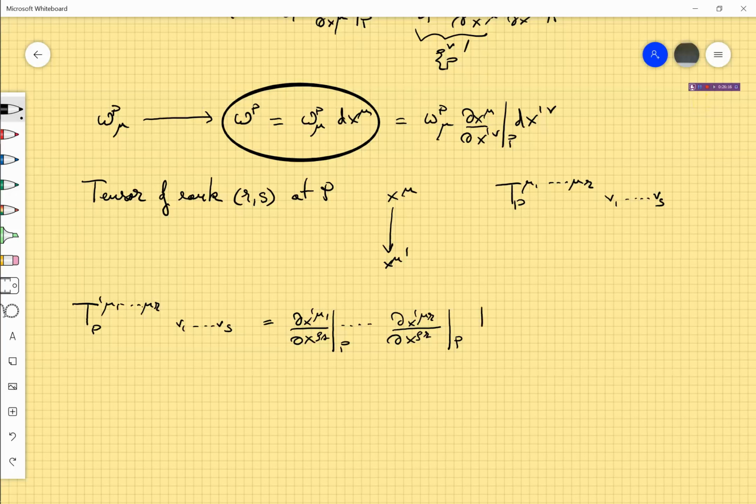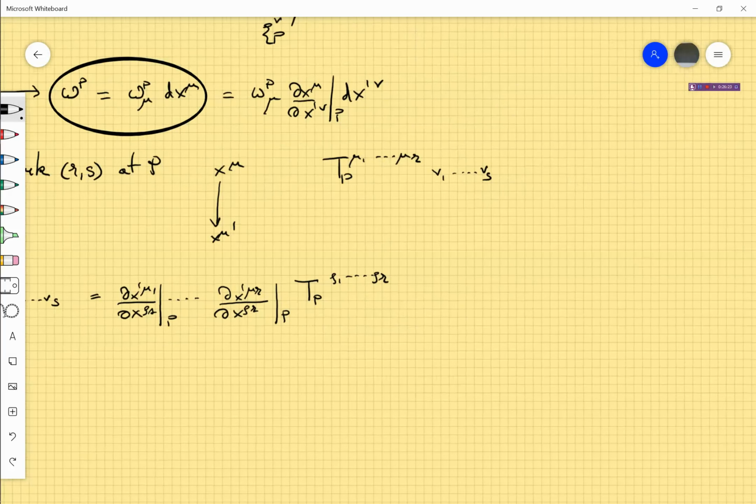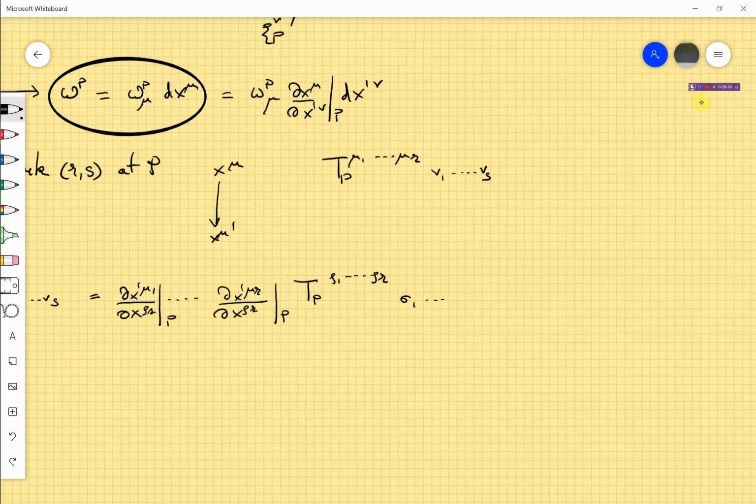And I also have s factors, in which it is the inverse Jacobian matrix that appears.